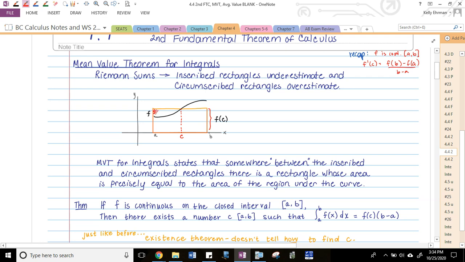This area has a chunk that is outside of the function, but it has a symmetric chunk of area underneath the function that it's leaving out. So by having it out here and including it in its overall area, you're getting the same area, right? So there's some rectangle, the height of which falls between f of a and f of b, where that rectangle has the same area as the area under the curve from a to b.